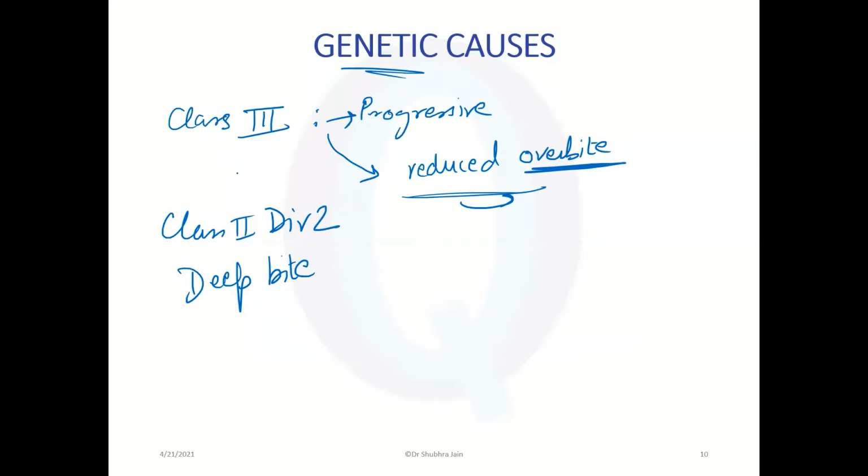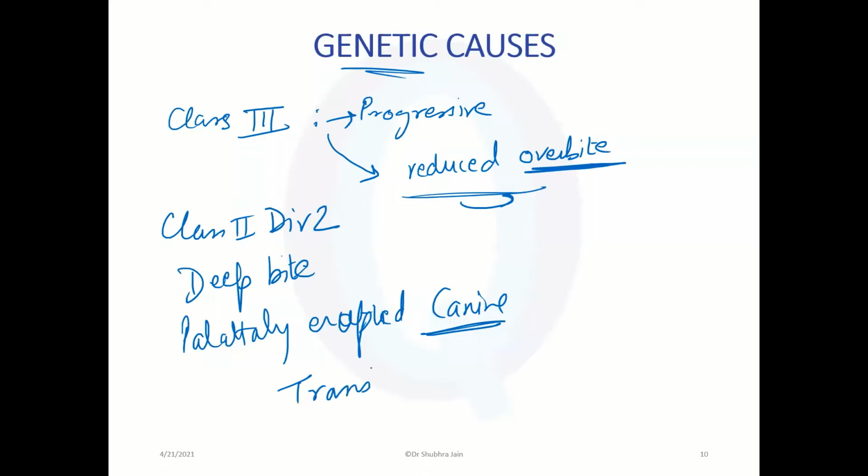Yeah, thank you. So deep bite is also genetically, dentally related. Then palatally erupted canines have a genetic predisposition. Then the last is transposition.